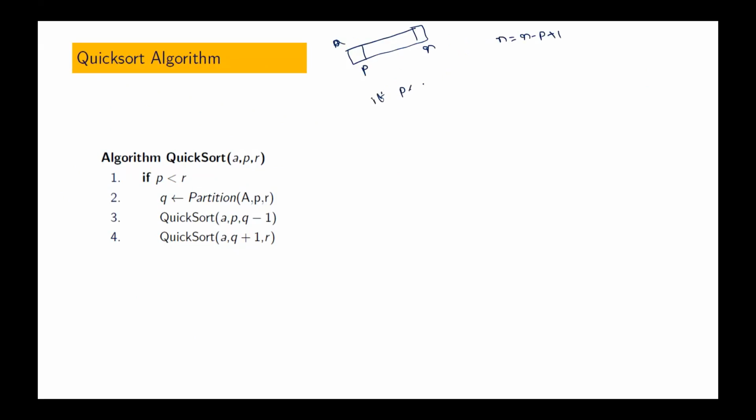If P is less than R, what does it mean? It means at least two elements. If there is only one element, that itself is in sorted order, we need not worry. So in this case, what we do is apply the partitioning algorithm.